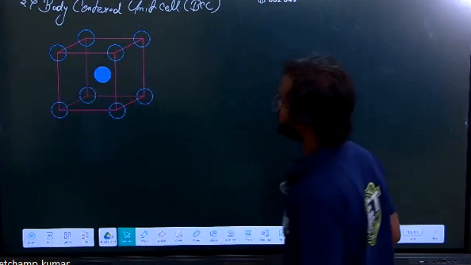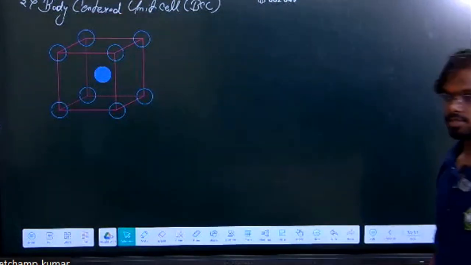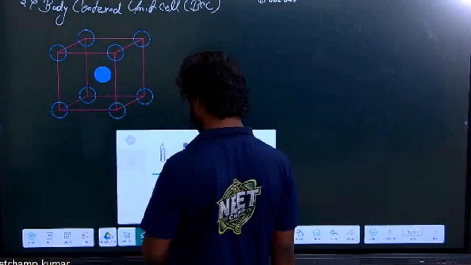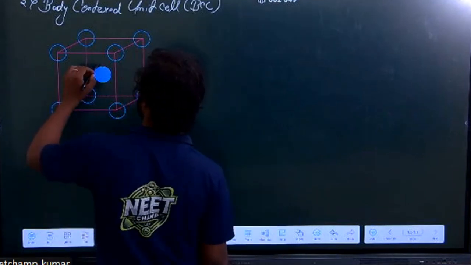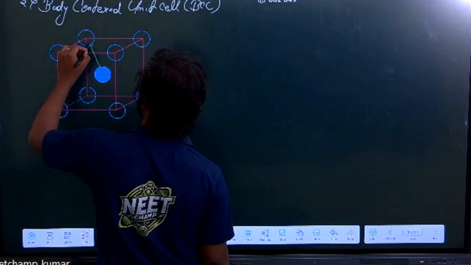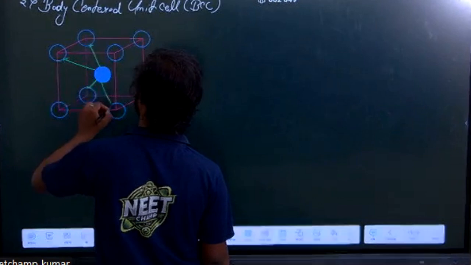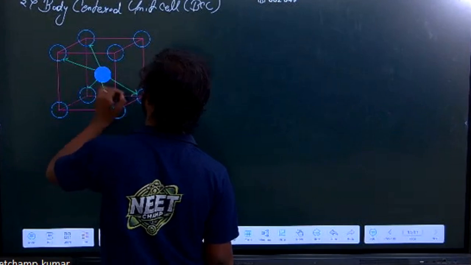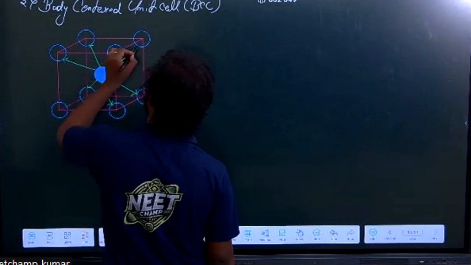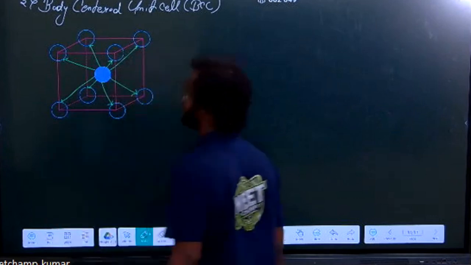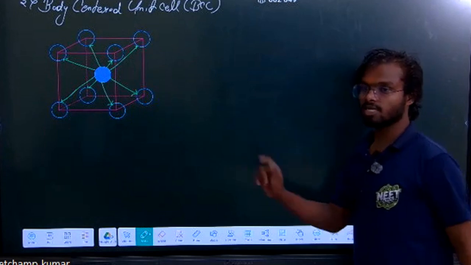The most important thing is that this atom will touch all the other atoms. It will touch this atom, this atom, all the atoms. All the atoms are touched by this atom.